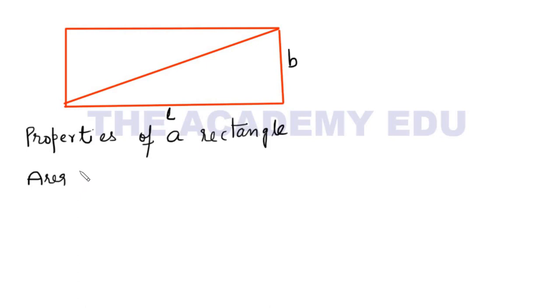Whenever we find area, we will represent area by capital A. So area of a rectangle is length into breadth. Every time we find area for any shape, area is length into breadth. We will see how it is. Whatever shape is in this world, its area must be length into breadth.